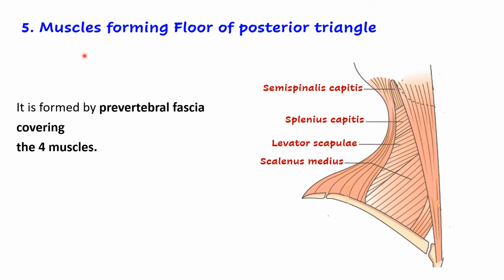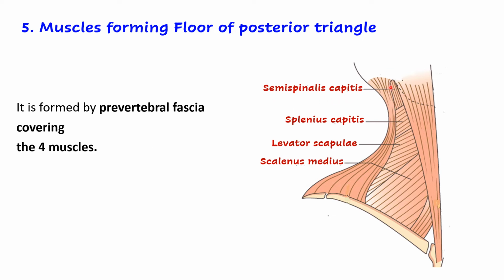Let us now see the muscles that form floor of the posterior triangle. So here we can see there are 4 muscles which will be forming the floor of the posterior triangle, and they will be covered by prevertebral layer of deep cervical fascia. So from above downwards, these muscles are semispinalis capitis, right?